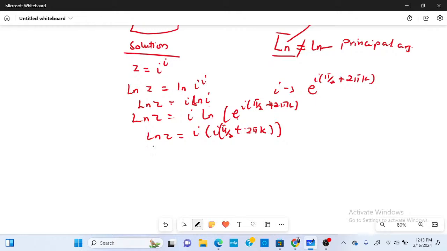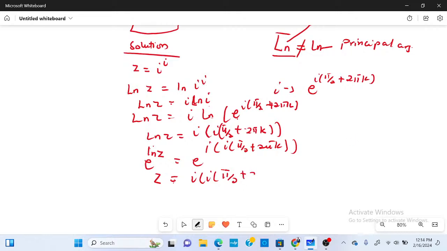So this is equal to, you have to take z because we made z to be there, so we need to bring the z back by making e to the power Ln z equal to e to the power i multiplying pi on 2 plus 2 pi k. So this gives us z. Then this gives us our i pi on 2 plus 2 pi k.